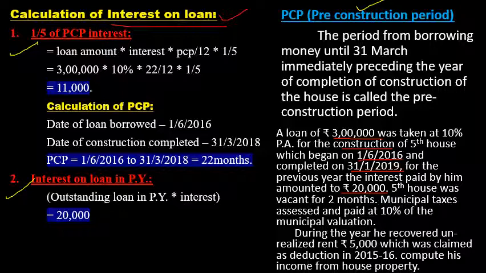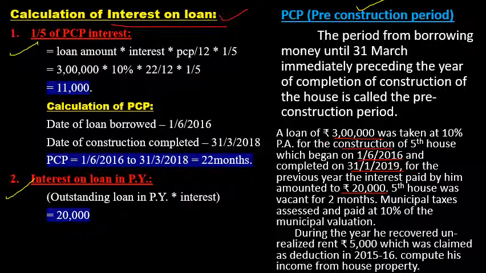It is the term before completion, the period which has been taken to construct the house, that is called the pre-construction duration. For that there is a formula to find out 1/5 of PCP interest.